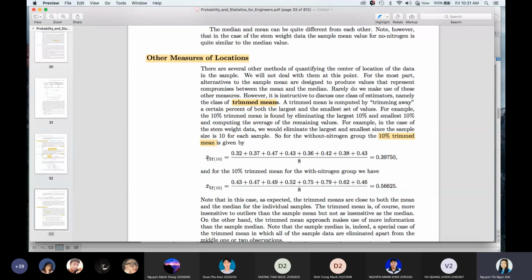The definition of the trimmed mean is that we remove the smallest 10% and the largest 10%.